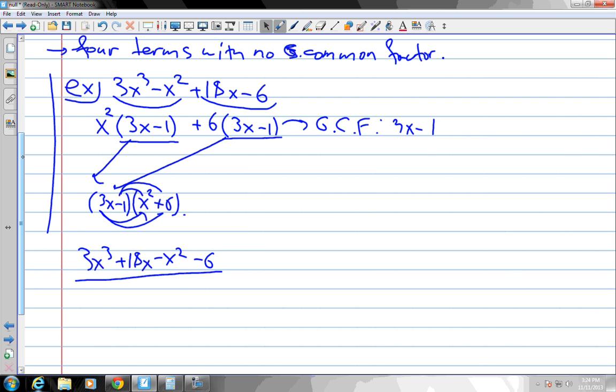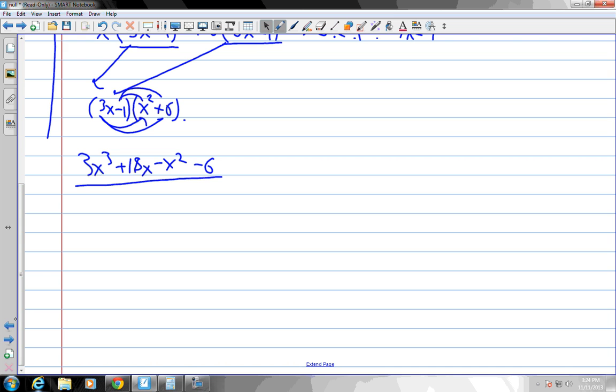Let me show you something. Don't write this down. Let's say the problem was given to you in this order, and we try to factor by grouping again. Don't write this down. But if I just stick with the original plan, I'm going to look at the first 2 terms. What is the greatest common factor in the first 2 terms? It's 3x, right?